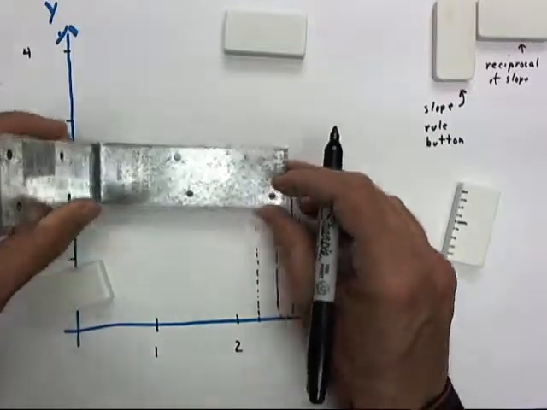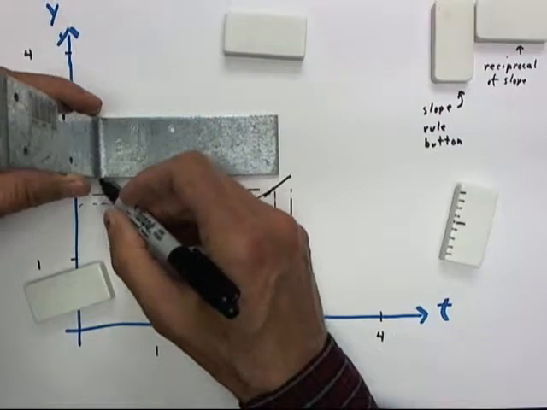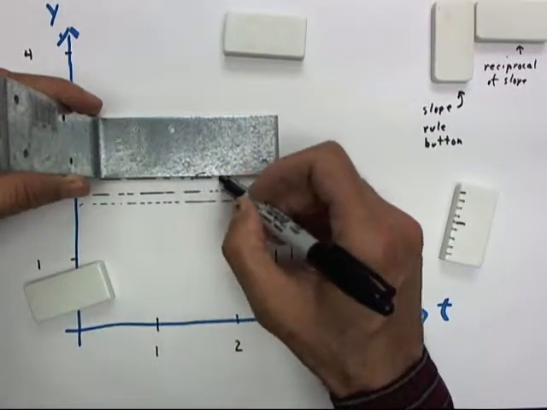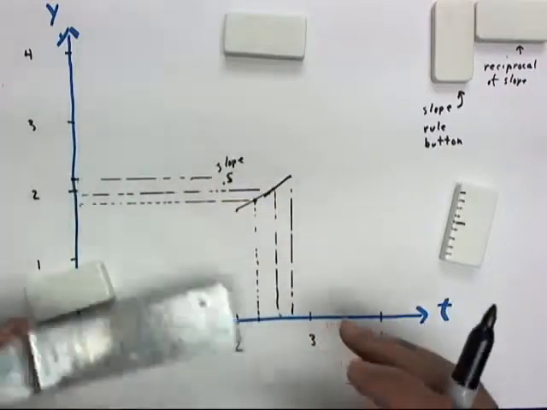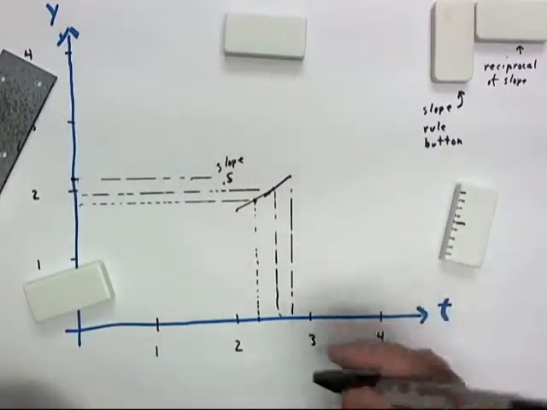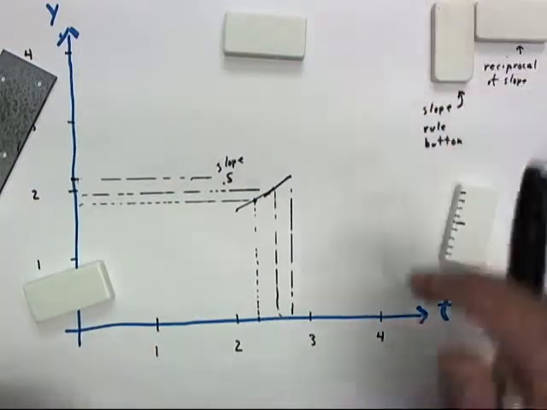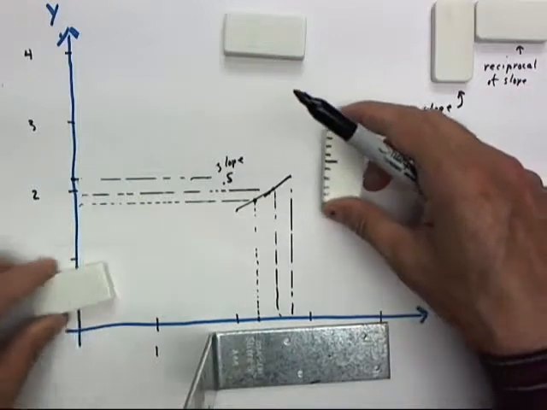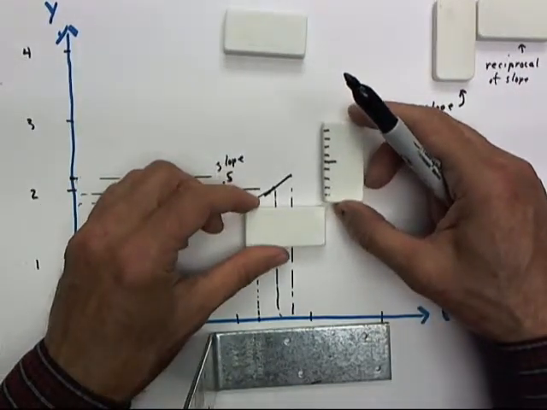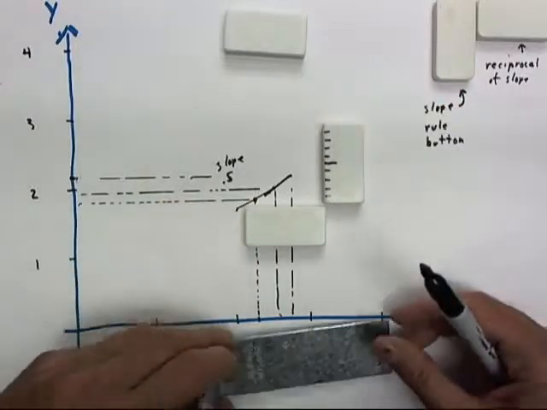I can determine my t-coordinate and my y-coordinate, which will be about here. Let's get that, and if I've done that accurately, when I press the slope rule button, I get another value for the slope. And now let's say the slope value is 0.8.